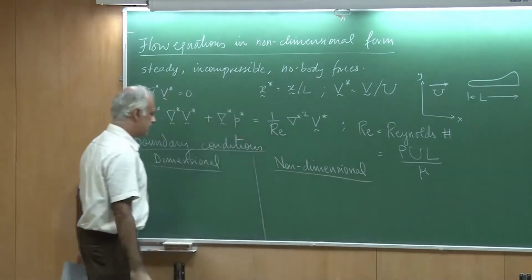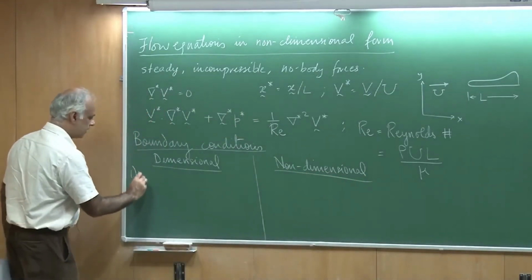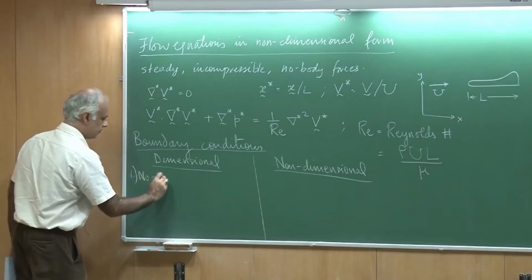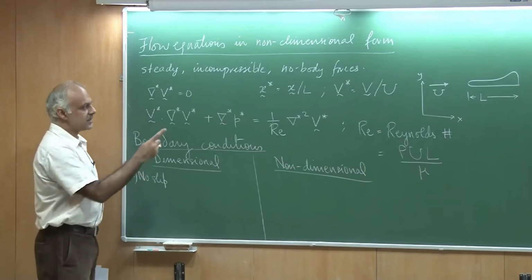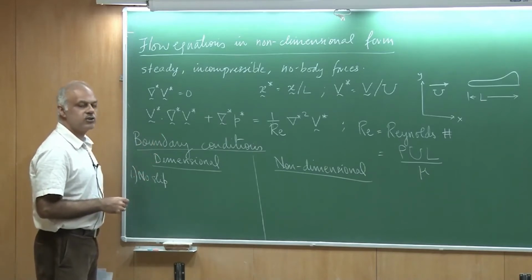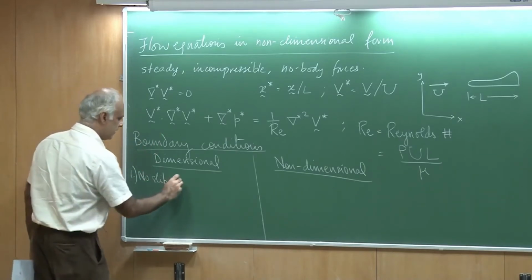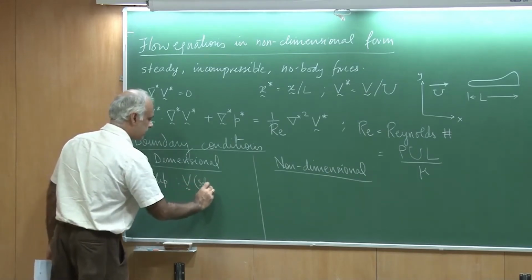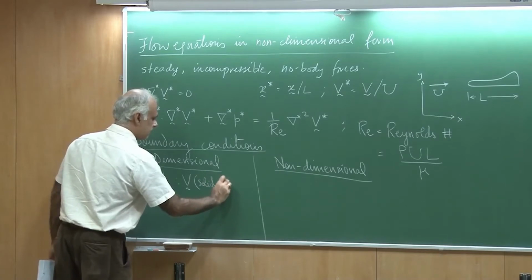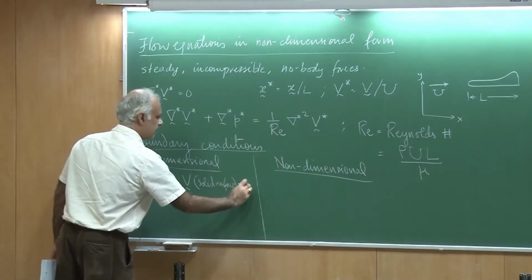So the first is the no slip condition. So if I look at this aircraft, then the no slip condition would require that v, the velocity on the solid surface, is 0.